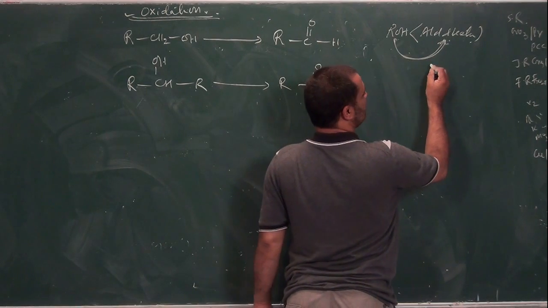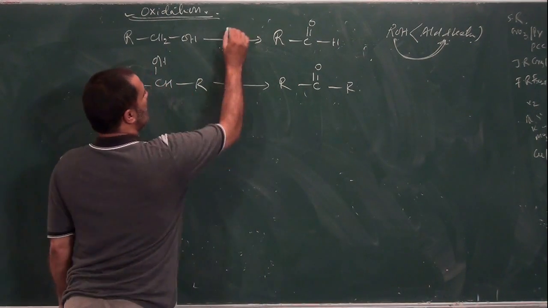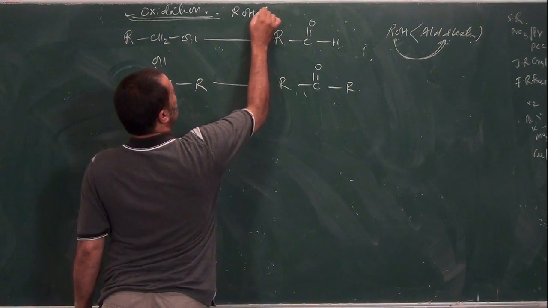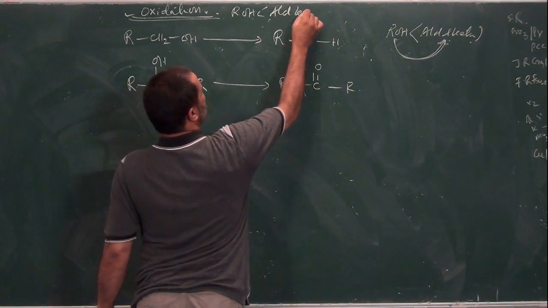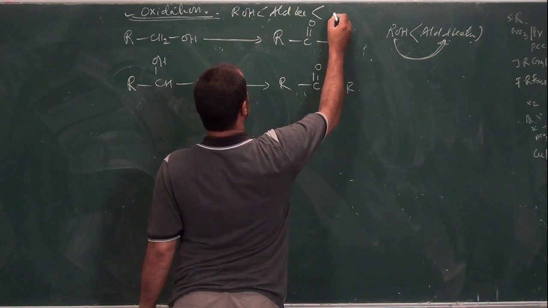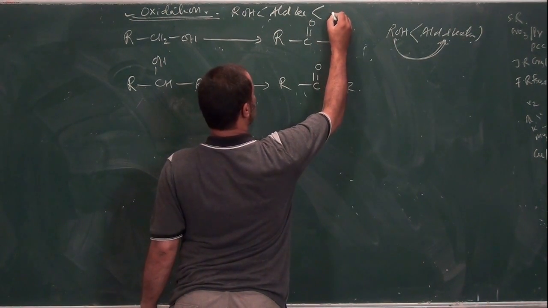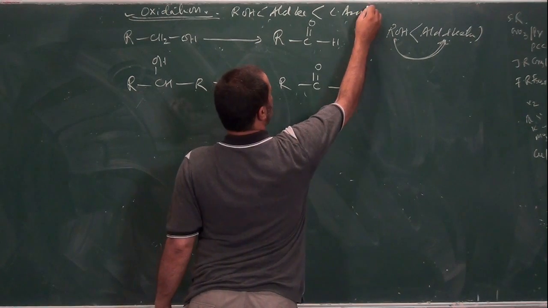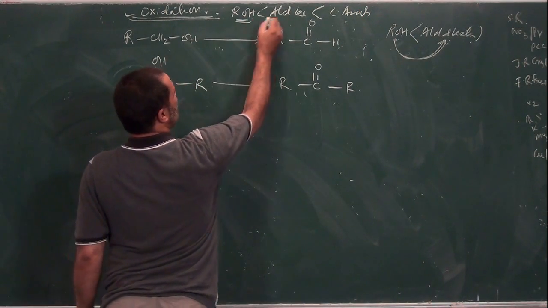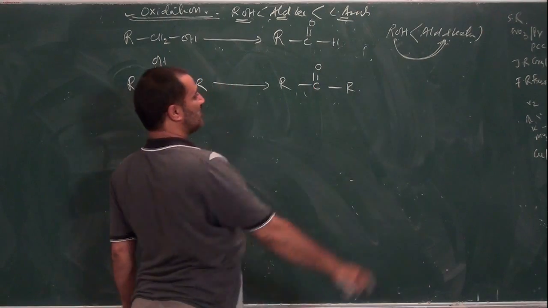The oxidation number of carbon is lower in alcohol, higher in aldehyde and ketone, and highest in carboxylic acids.